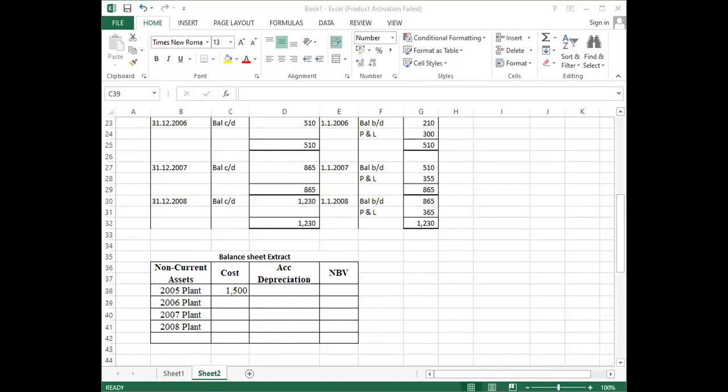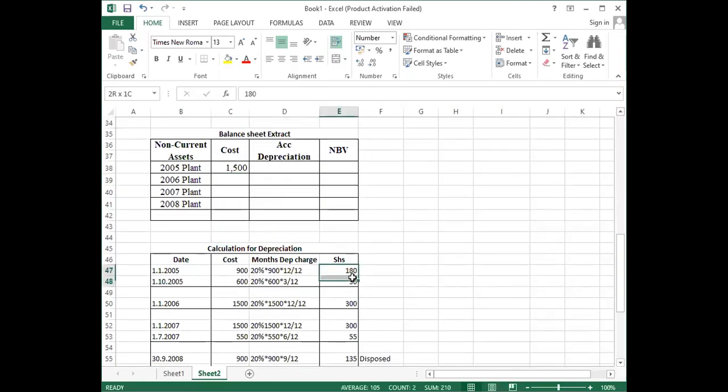What was the total depreciation? If you have calculated it the way you have done here, it should be 210, right? Net book value should be 1500 minus 210 to get 1290. True or false? 2006, what was the value of the plant?